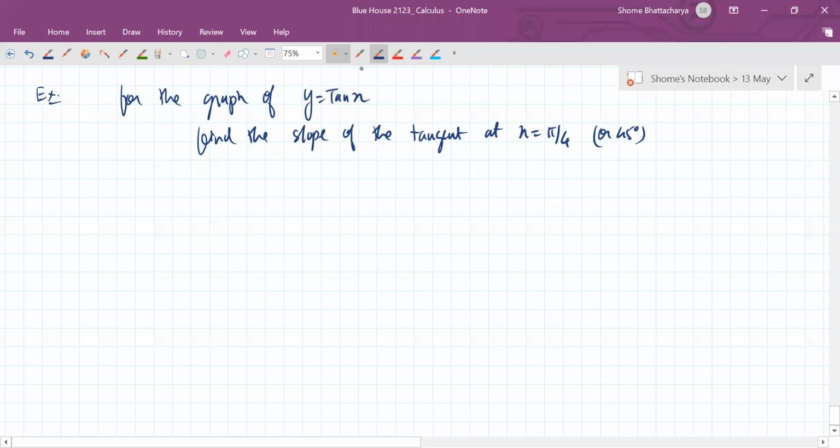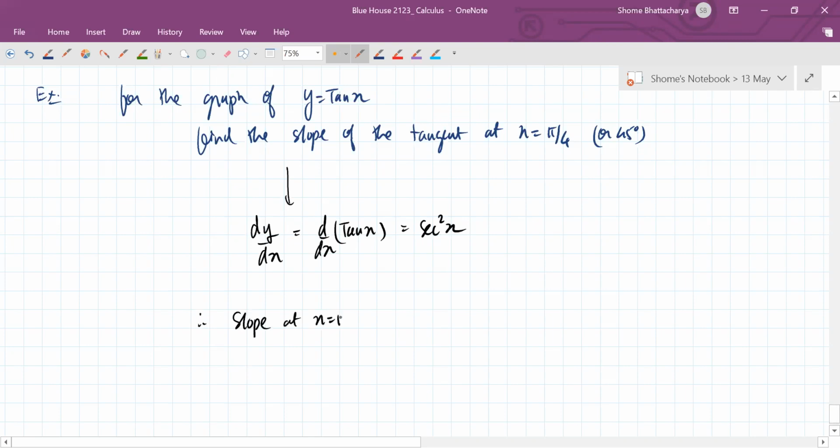So let's see the steps involved. The derivative of the function, directly from the formula that we are seeing, is sec square x. Therefore, the slope at x equal to pi by 4 becomes the value of the derivative at x equal to pi by 4, that is sec square pi by 4.